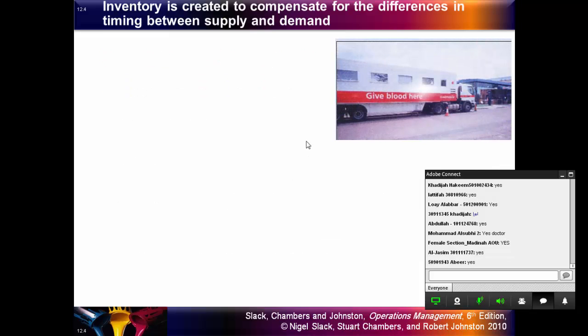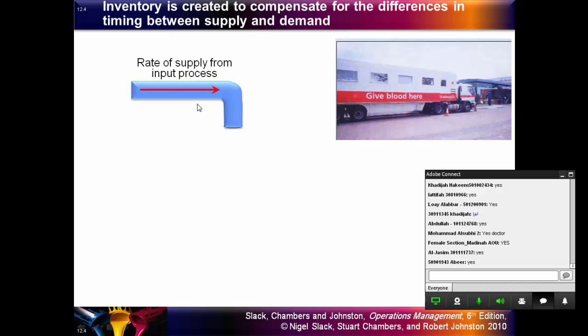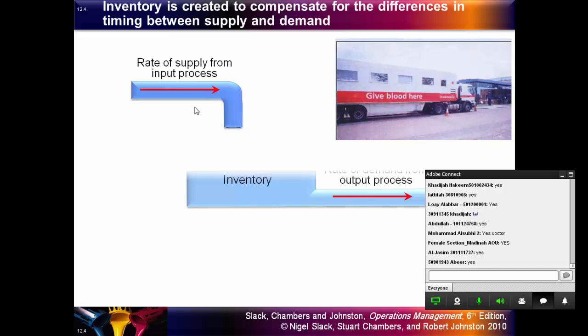inventory. First of all, what's inventory? Inventory means the needed items or materials for completing the operations. In this figure, which is figure number 12.2 on page 371 in the book, we have a figure that shows us the position of the inventory.